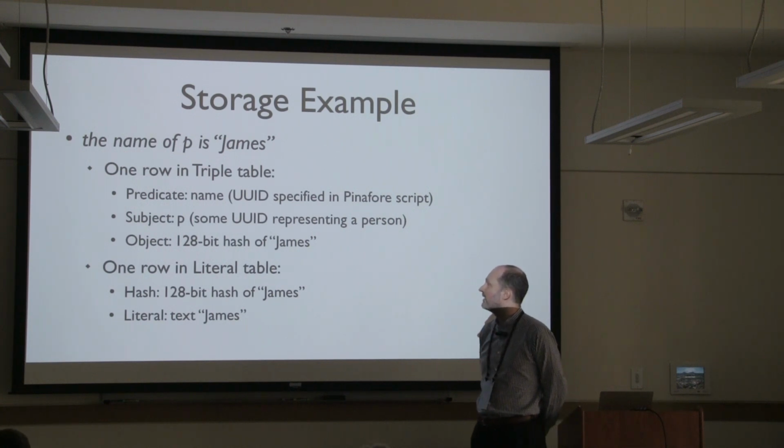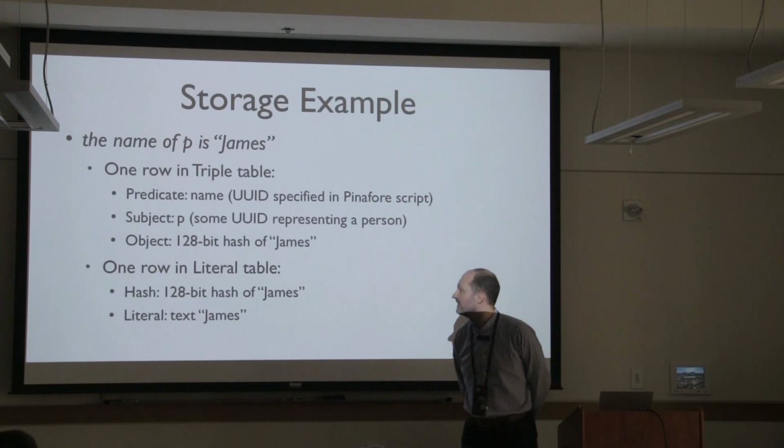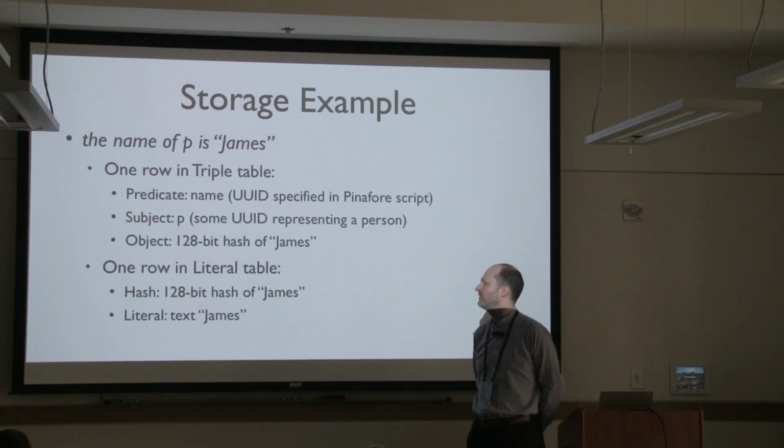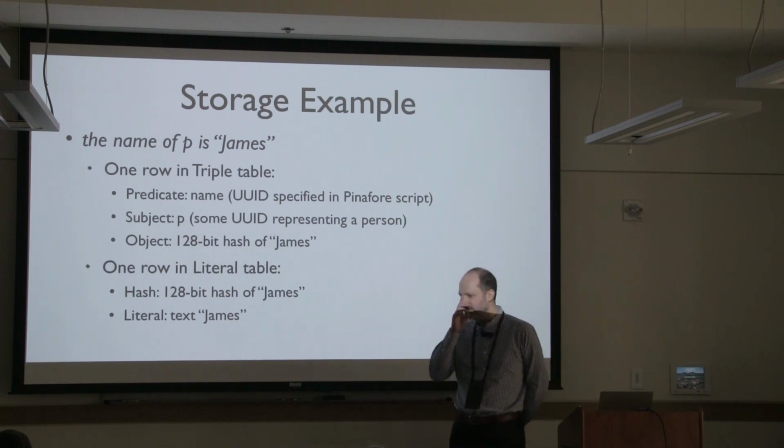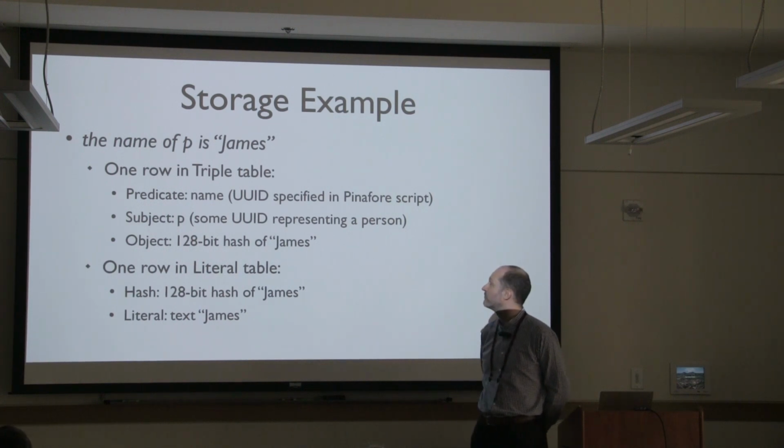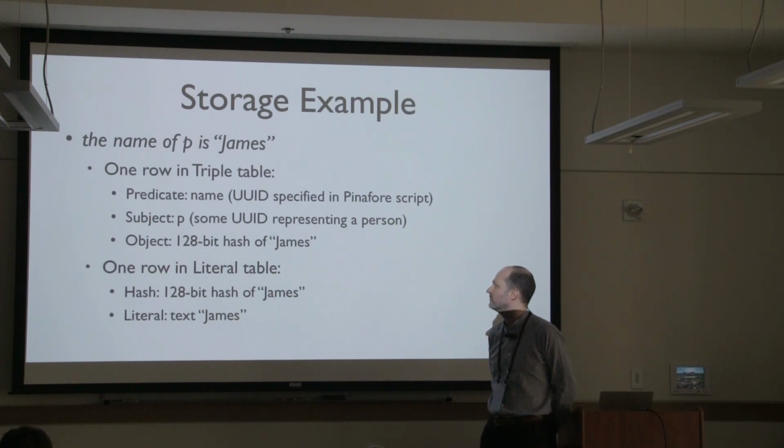So here it's stored as one row in the triple table, name, P, and then the object is a hash of that string James. And one row in the literal table so that we can look up that hash back to that text. And the name will be some property which is specified in the Pinafore script together with its UID.